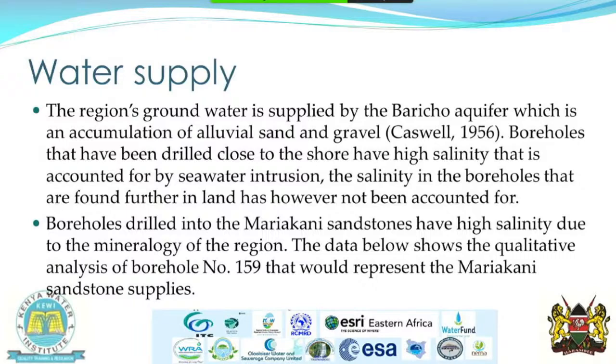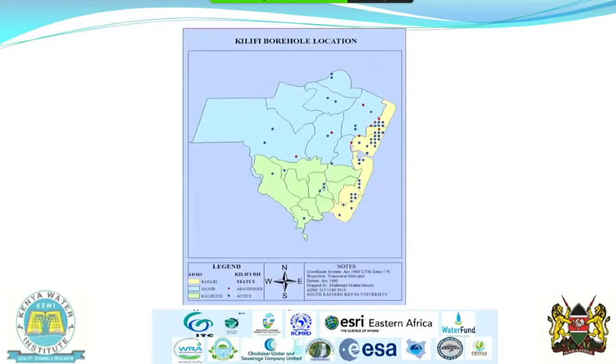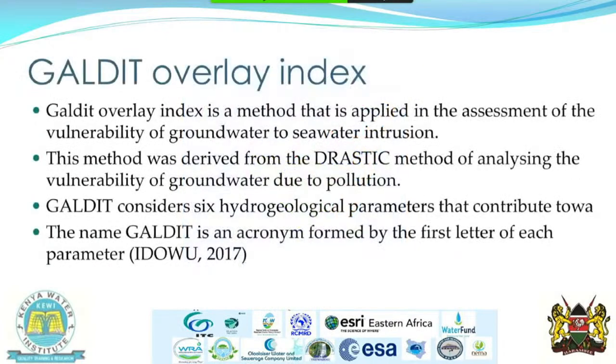Further towards the shore, the water has been affected by seawater intrusion. As you can see, I mapped out a few boreholes in the region. Bahari is the one in white. The ones in red are the ones that have been affected by saline water. I didn't actually go there, but most of the ones in blue by now are affected and should be red.